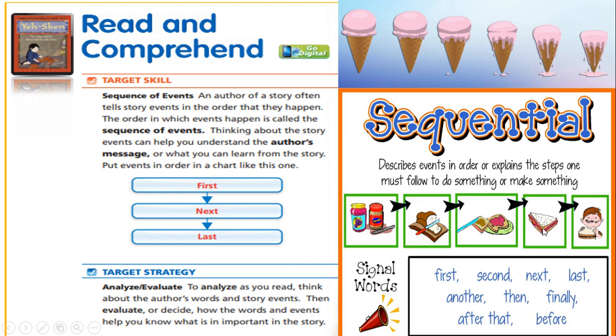Then we put the jam bread on top of the butter bread, and then we cut them in halves. Finally, we eat the sandwich. So these words are sequencing words. They will help you to sequence the events of the story.